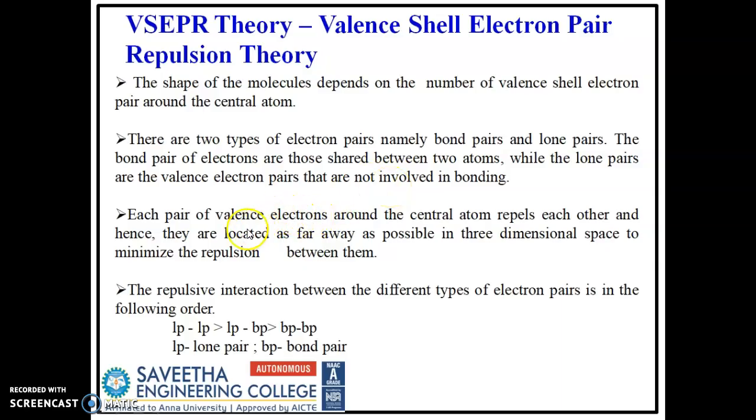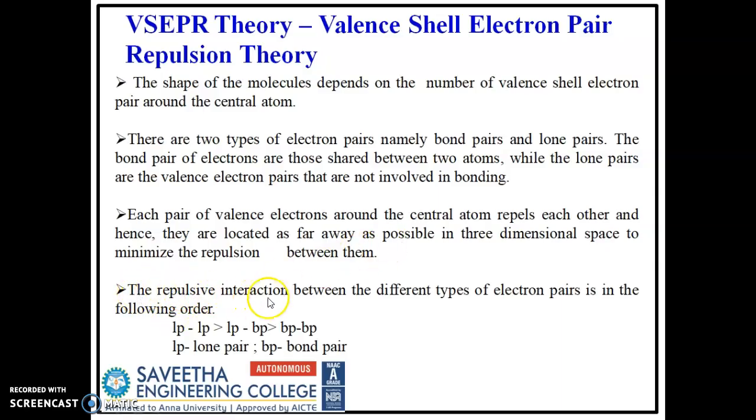The third postulate is that each pair of valence electrons around the central atom repels each other, and hence they are located as far away as possible in three-dimensional space to minimize the repulsion between them.